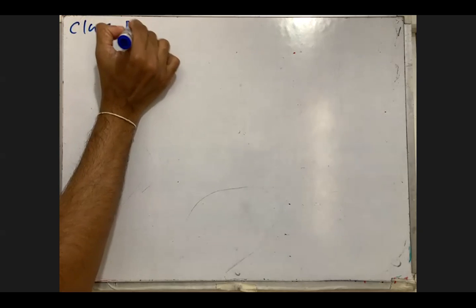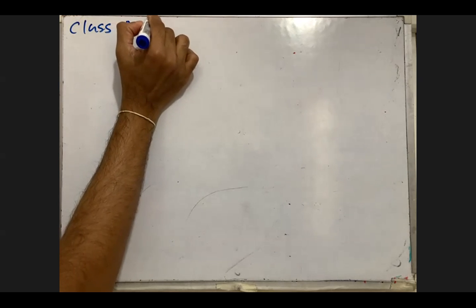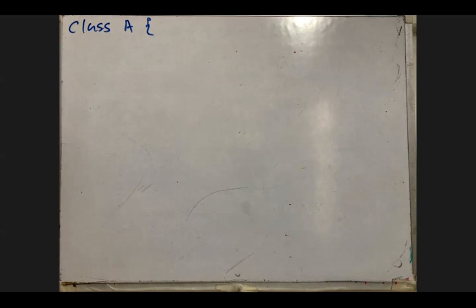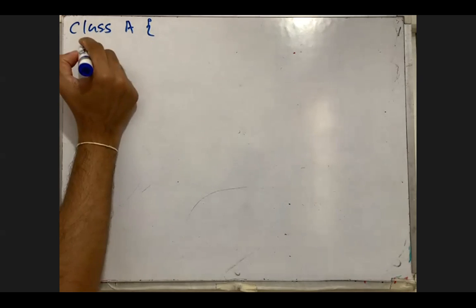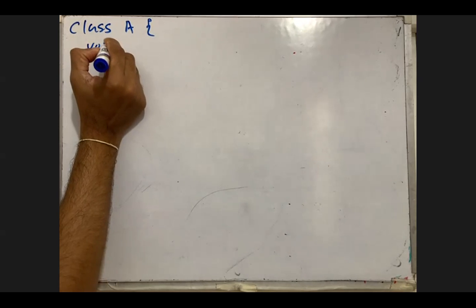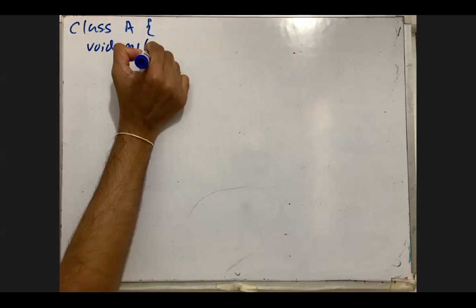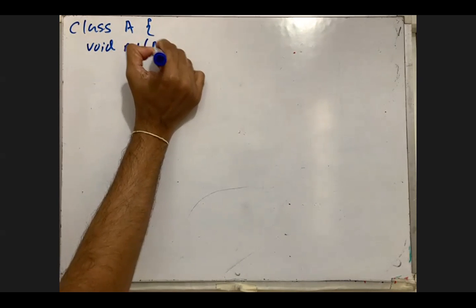Now what you have to do is there is class A, class B, and class C. You have to implement class A, class B, and class C. So class A has a method void M1. void M1 from A class.